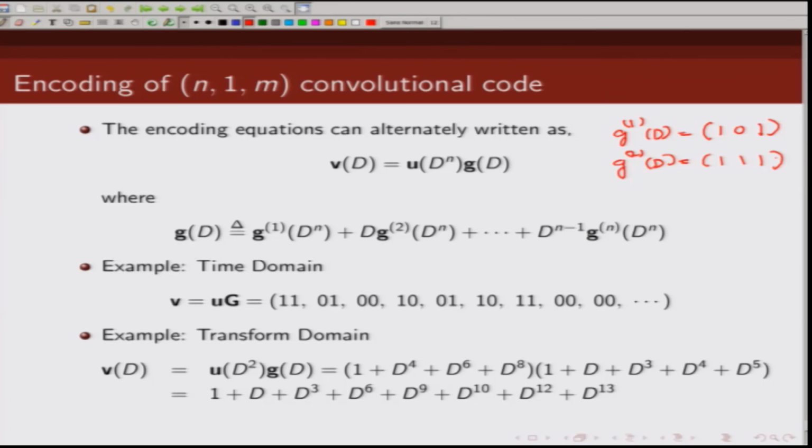So, in many books, when they describe the convolutional encoder for this, they will write it as a 5-7 code, because the octal notation of this is 5 and the octal notation of this is 7. In many places they will say it is a rate 1/2 5-7 code, and what it means is they are specifying the generator sequence using this octal notation.